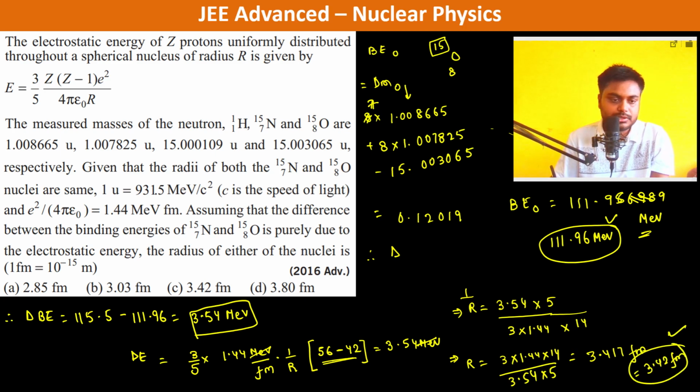So therefore the answer is the C part. Again we recapitulate. First we calculate the difference in the binding energy, and then as it is said that the difference in binding energy is due to the difference in the electrostatic energy, we use delta E here also. Okay, thank you.